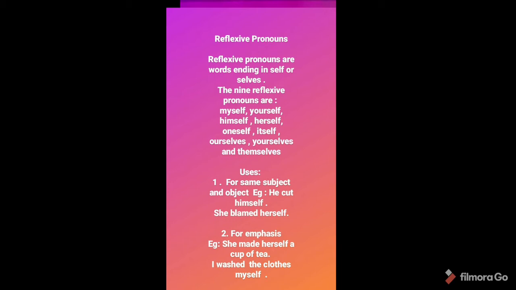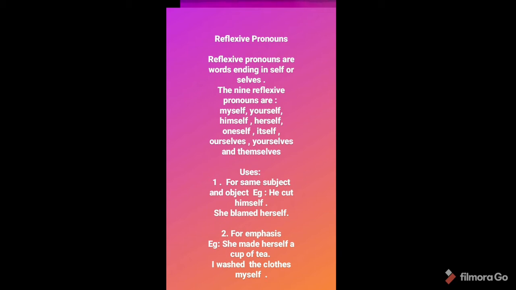There are 9 reflexive pronouns: myself, yourself, himself, herself, oneself, itself, ourselves, yourselves, and themselves. Now, the uses. Mainly, there are 2 uses of reflexive pronouns.